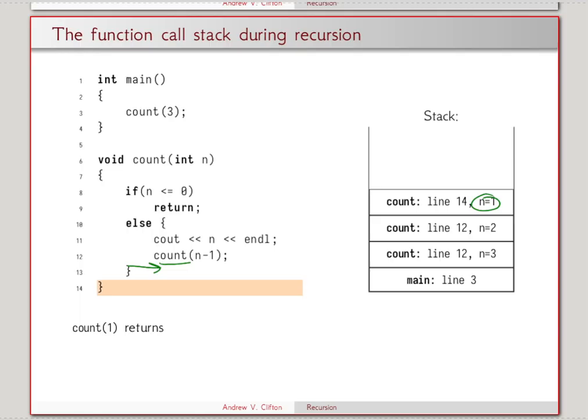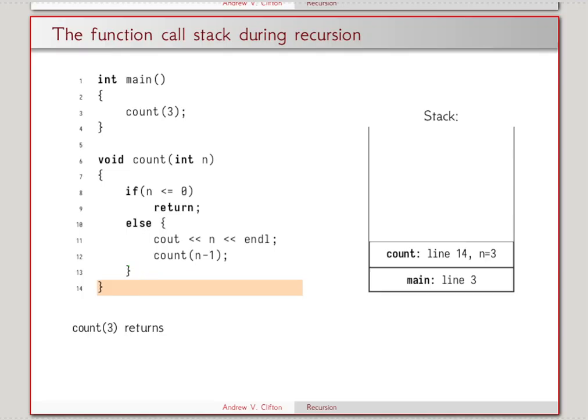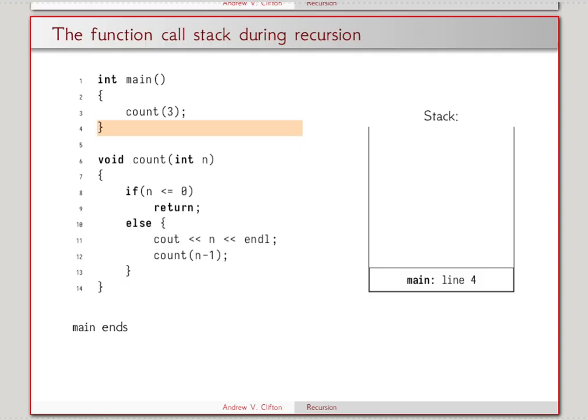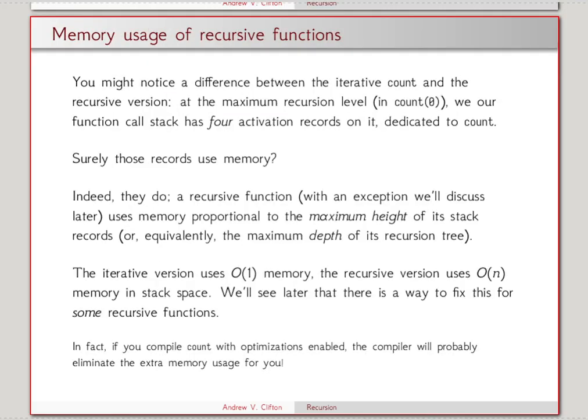So it's like, okay, close curly brace, we're at the end of the function. So count 1 is going to return as well, popping it off. And then same thing for count 2, and then same thing for count 3, and then we're back up here inside of main. We resume main, but this is the only function call inside of main, so now we're at the curly brace that marks the end of main. Main gets popped off, and we return there.